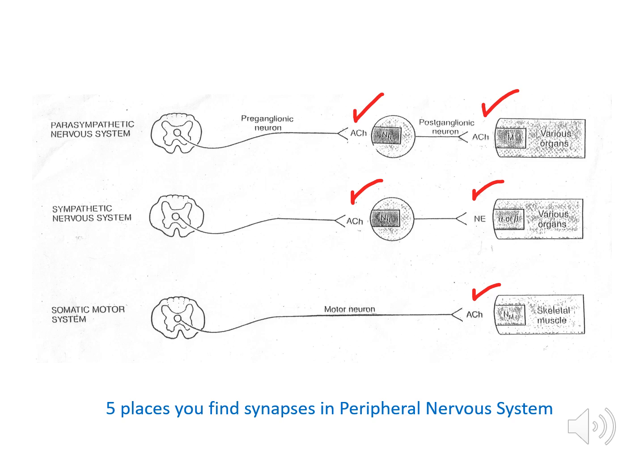And then there's a synapse between the postganglionic nerve and the target tissue. In the somatic motor system, there's only a synapse between the lower motor neuron and the skeletal muscle. So those are the 5 different places that you're going to find synapses in the peripheral nervous system.